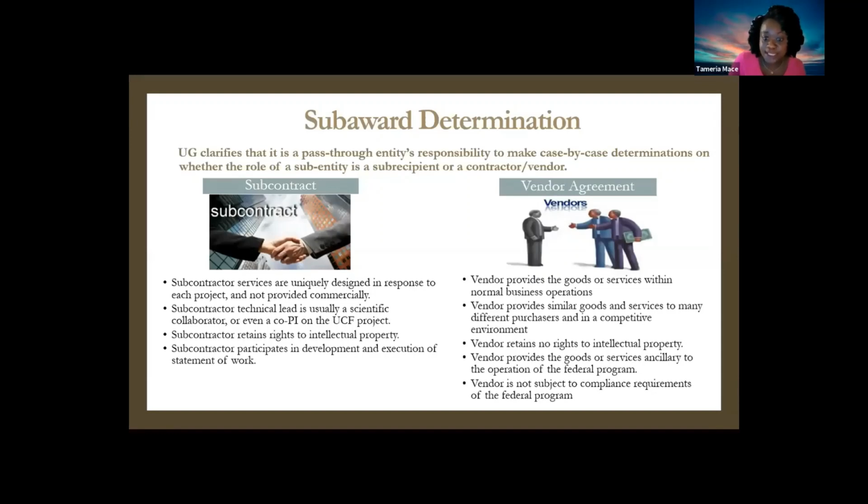With your subcontractors, they participate in the development and the execution of the statement of work. That vendor provides goods and services, and those goods and services are ancillary to the operation of the federal program. Additionally, your vendors are not subject to compliance requirements of the federal award. With your subcontractor, they would be subject to those requirements, so you would have to flow down those terms and conditions to your subcontractor.